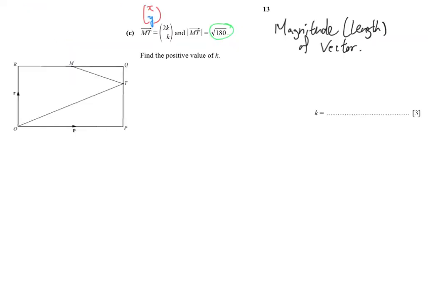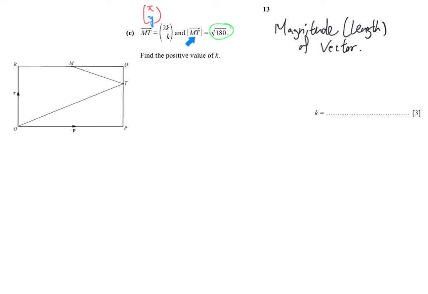That's it. So here we come to part C. It's about the magnitude, that's the length of a vector. Actually you don't need the graph, but I will just put it here. First of all, the upper thing, 2k, is about the horizontal, that is x. The lower thing is about y, the vertical.